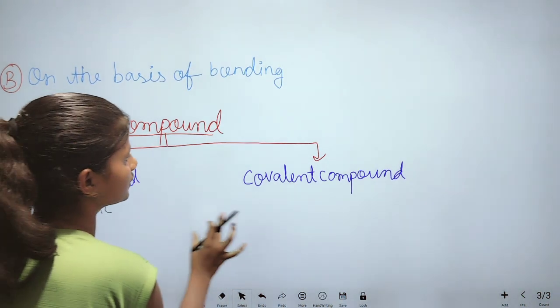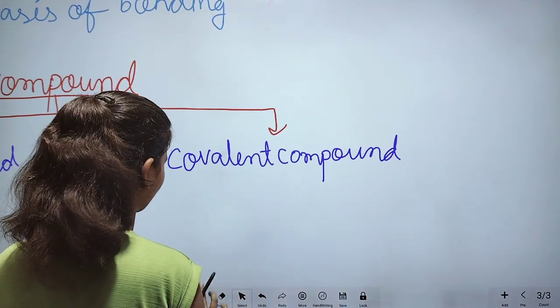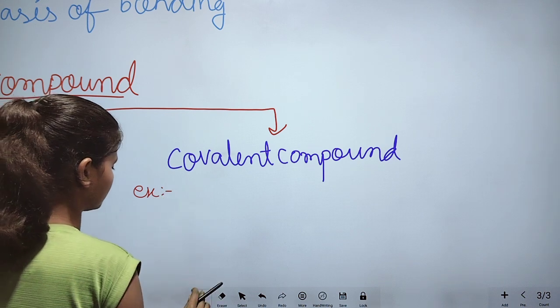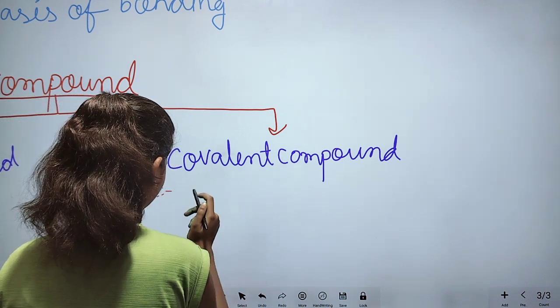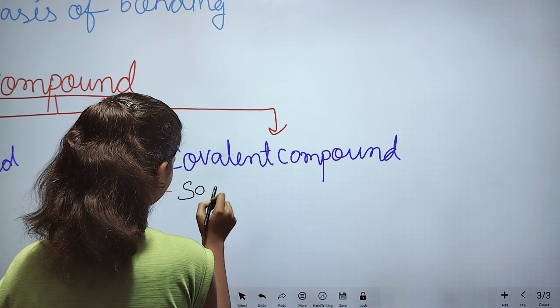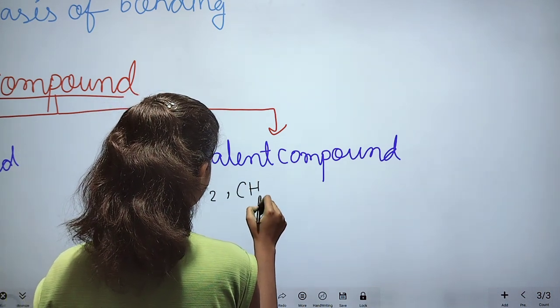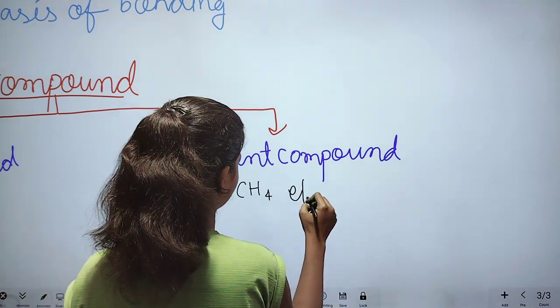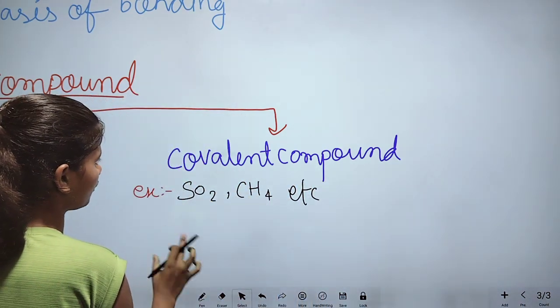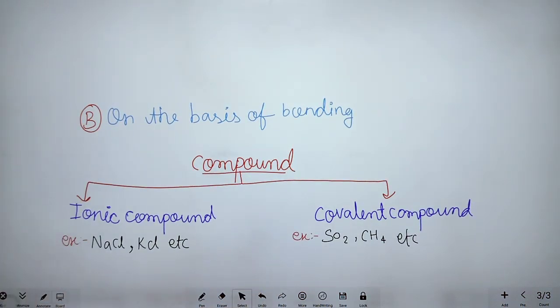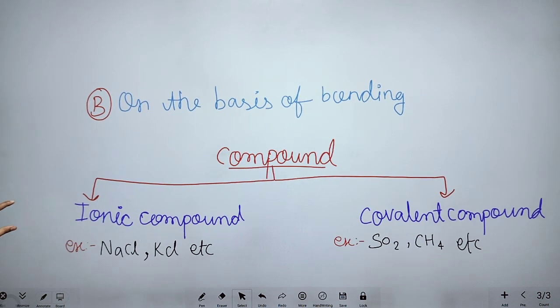And now let's see examples of covalent compounds, like sulfur oxide, methane, etc. This one is an example of covalent compounds. B1 is on the basis of bonding. There are two types of compounds. First one is ionic and second one is covalent compound.